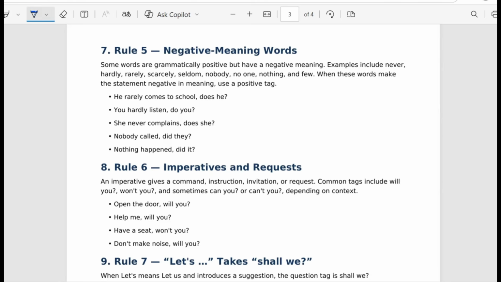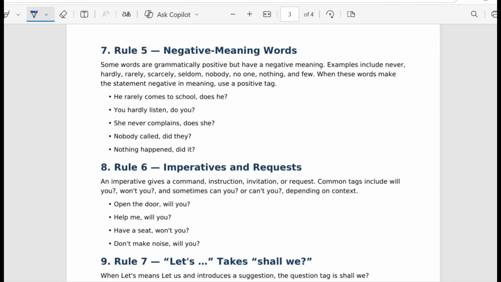Examples include never, hardly, rarely, scarcely, seldom, nobody, no one, nothing, and few. When these words make the statement negative in meaning, use a positive tag. So whenever you see a statement is having those negative words, make sure the tag should be positive.